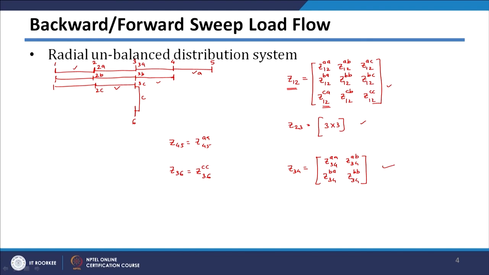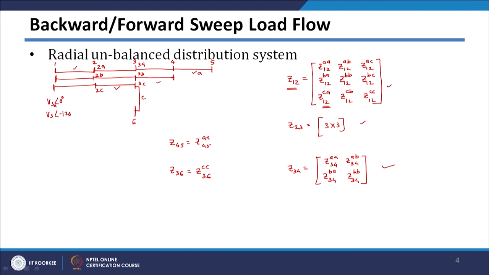Similarly, if you see the voltages, the source voltages I can assume will be perfectly balanced, having equal magnitude. So these will be Vs angle 0 degree, which is the voltage of A phase, and Vs angle minus 120 degree.